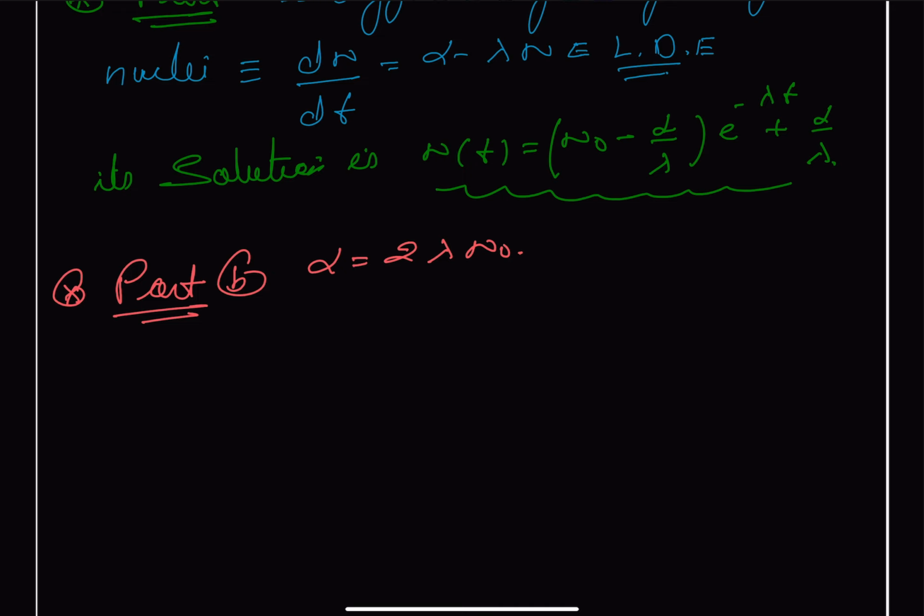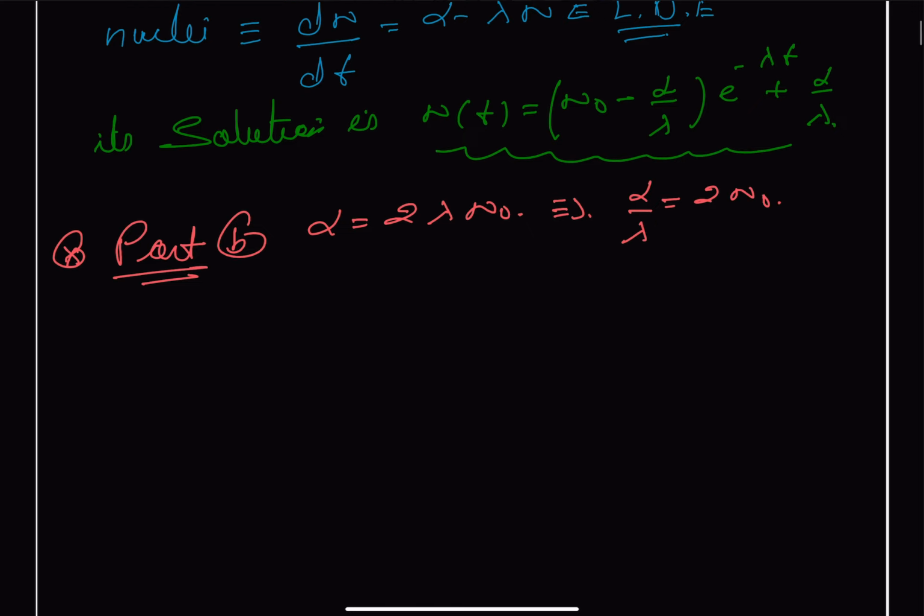For that, let us find alpha upon lambda, which will be equal to twice n0, and let us call this equation number 1.